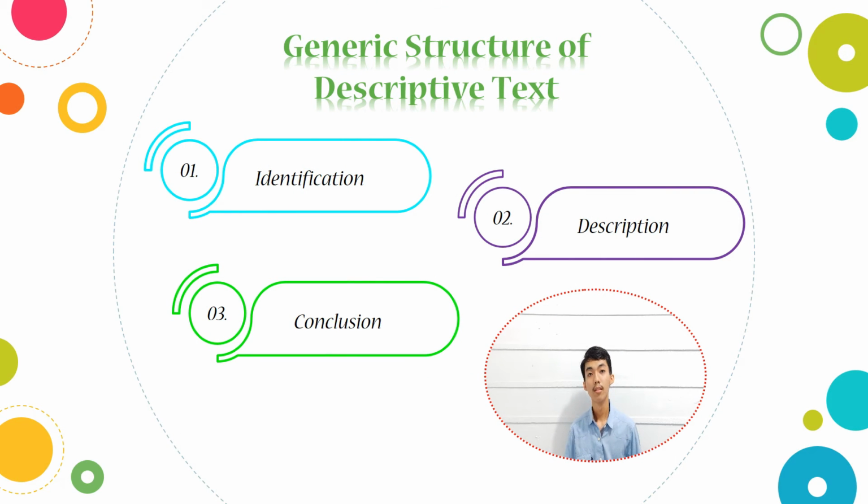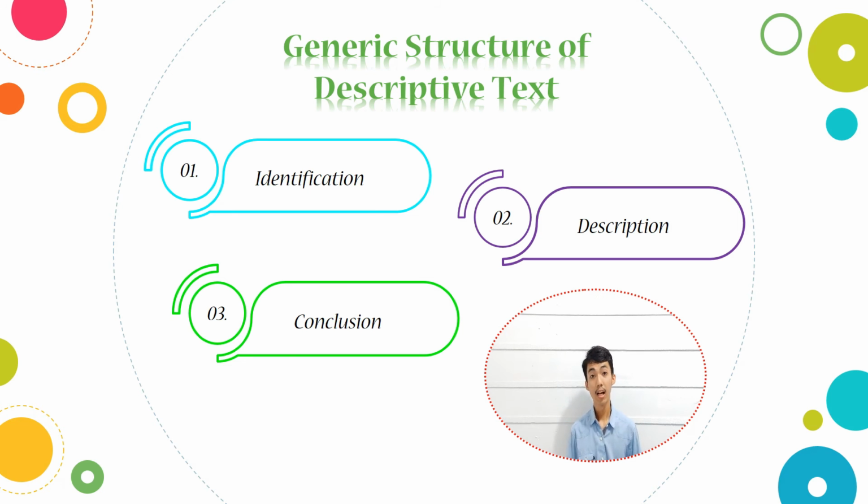So, the last discussion is the generic structure of descriptive text. Descriptive text has its own rules regarding its structure. The first, identification.